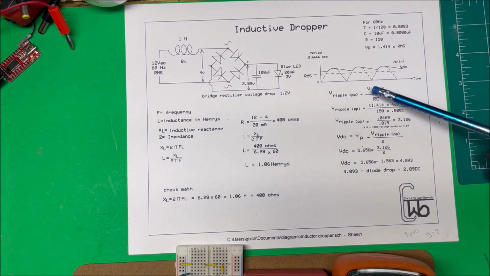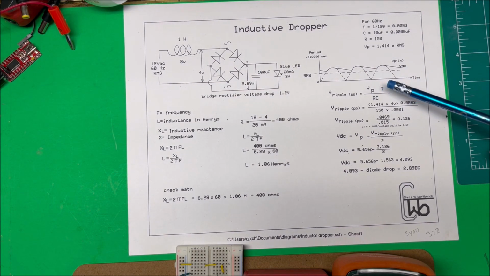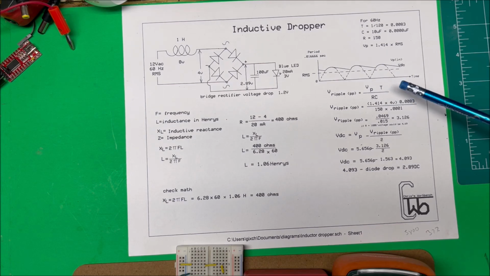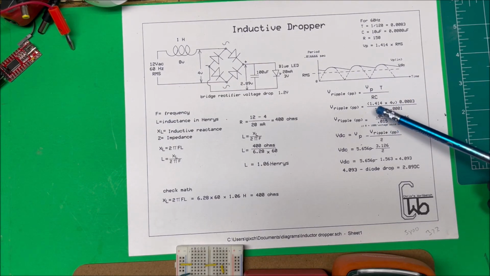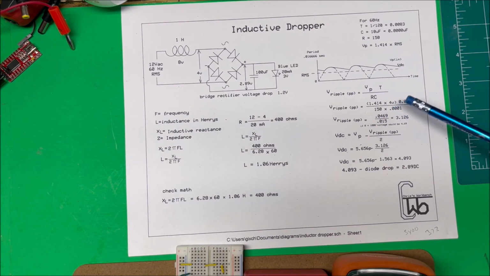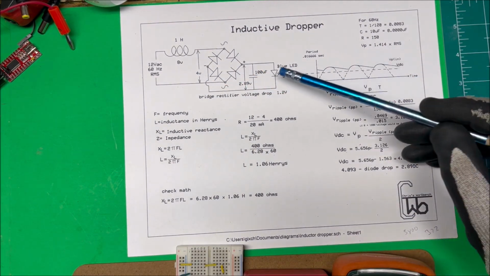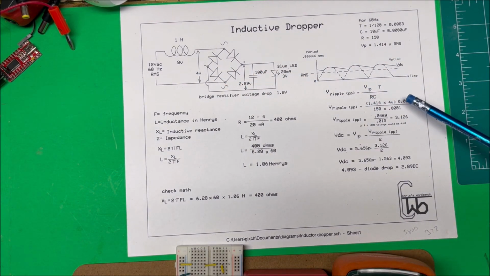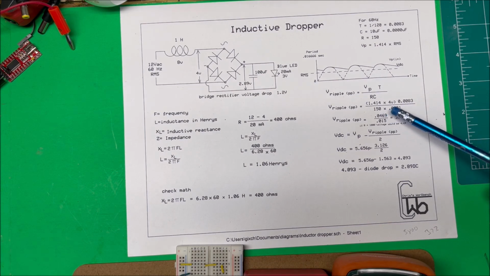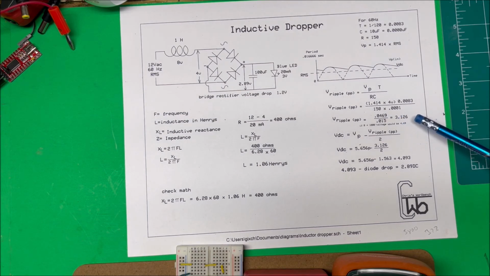So we take our peak voltage, which is 1.414 times 4 volts in this case, times our seconds, divided by our 150 times the capacitance, and it comes out to 3.126 volts.